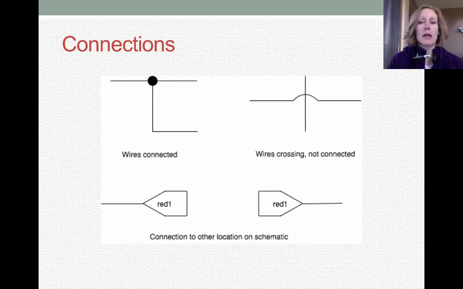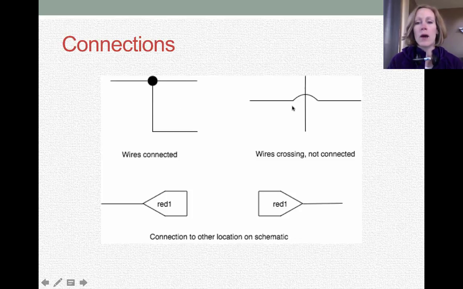The last thing that we need to understand when we're drawing a schematic is what connections look like in a schematic. First, over here we can see that we represent connected wires with a little dot. So that means that we have a connection here between, maybe, an incoming wire and an outgoing wire, so that we can have current flowing to both of these places, and also the same voltage potential on all of these wires.